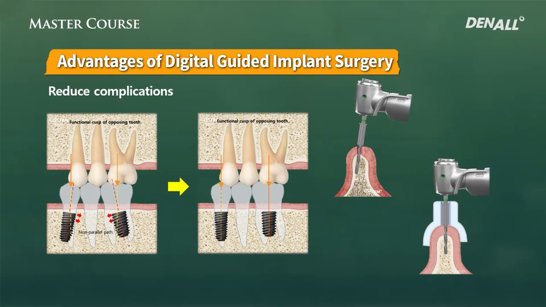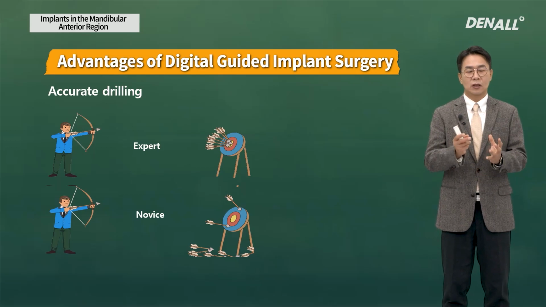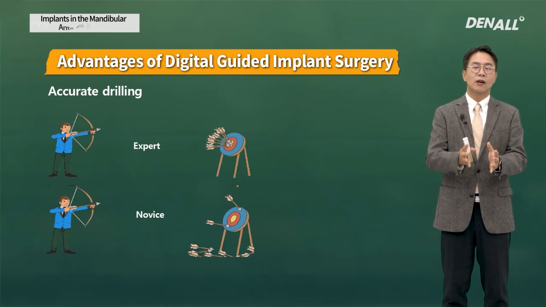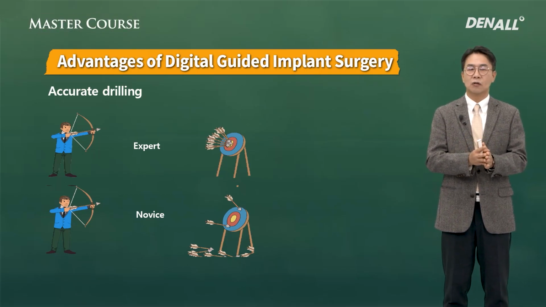If you look at the top of the guide, the sleeve part, the gap between the sleeve and the hole is very tight, stabilizing the drilling path. Let me explain what this means. Even though you're highly skilled, people can make mistakes.